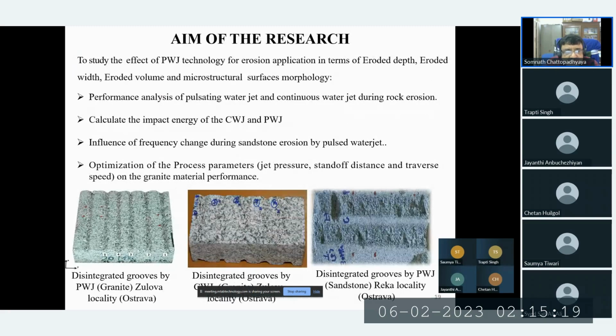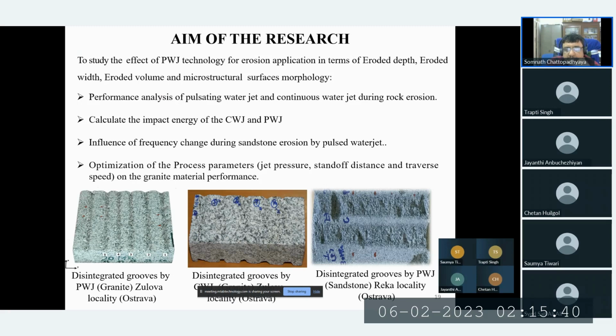So the aim of this research is to see the different kinds of grooves created by pulsating water jet, and to find out the performance analysis of pulsating water jet and continuous water jet, and what the difference is between CWJ and PWJ, and the optimization of the major process control parameters to get the best possible yield, that is erosion.